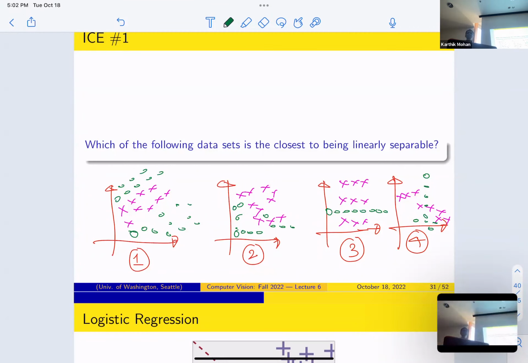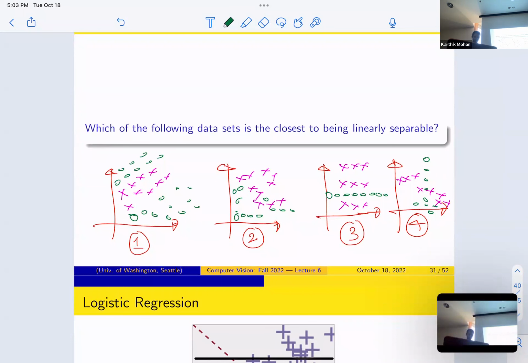Second one, right? Makes sense. The other ones are very deceptive. They look like you can have some separation, but then there's always something on the other side. So you can never really have it, but this is really close. There's like 2 or 3 hanging in here, but you can almost linearly separate the negative and the positive class.